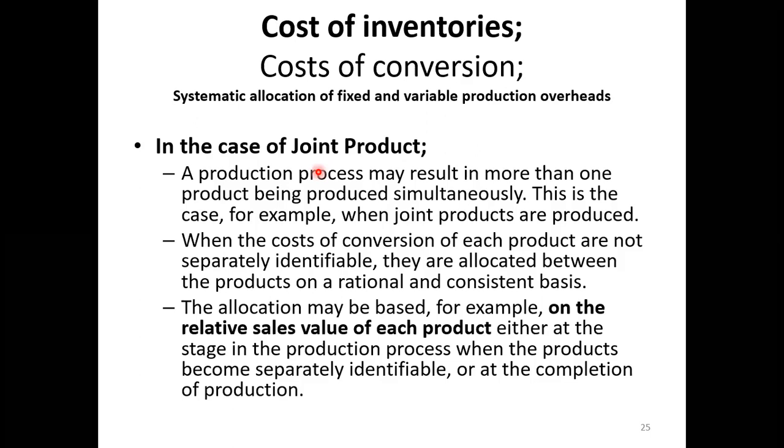The byproduct is an output, but its value is very small, negligible, immaterial. In a sawmill, we can find small pieces of wood. That is the byproduct, not a joint product.